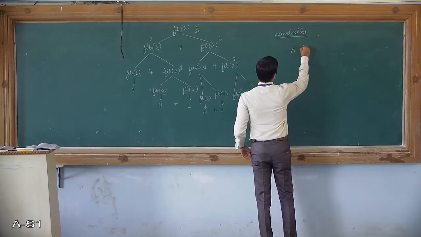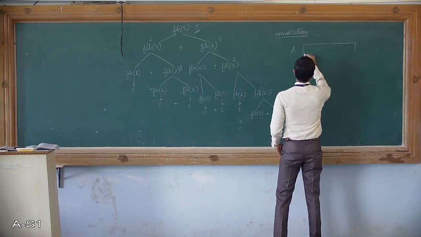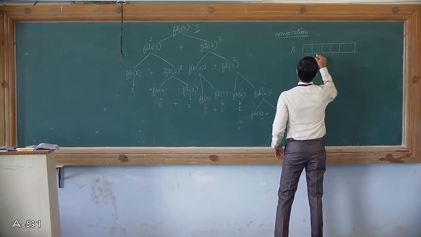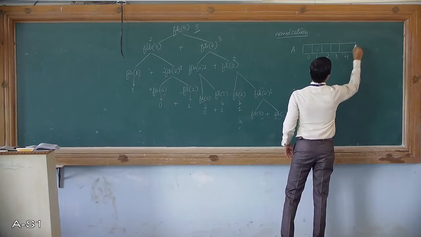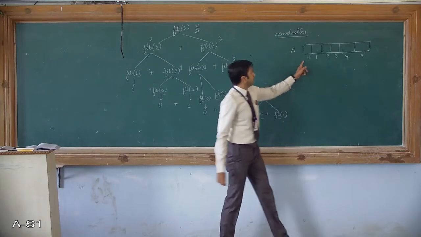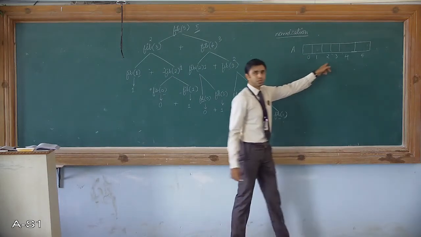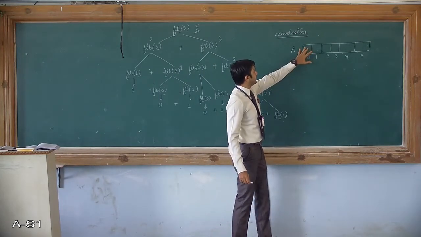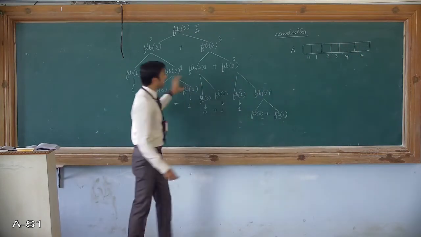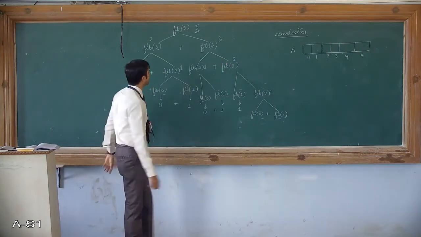I'll take an array or a table with index values 0, 1, 2, 3, 4, 5. Initially this is an empty array. Now we'll be storing these calculated values inside that table.